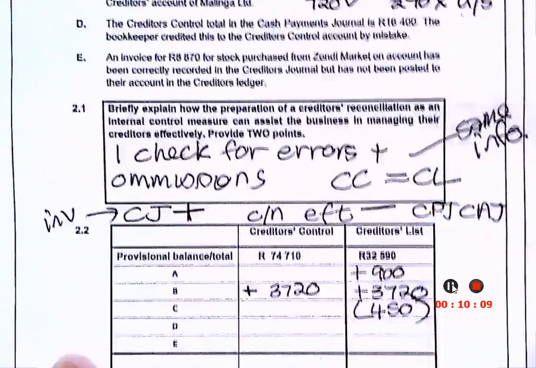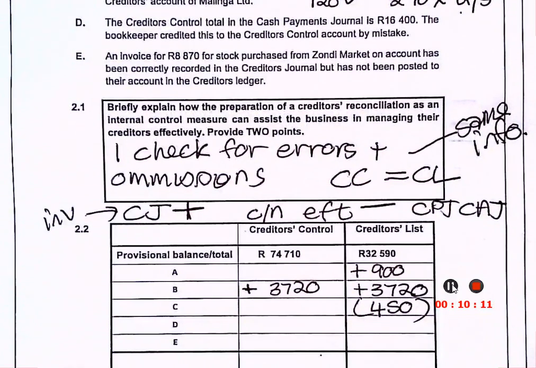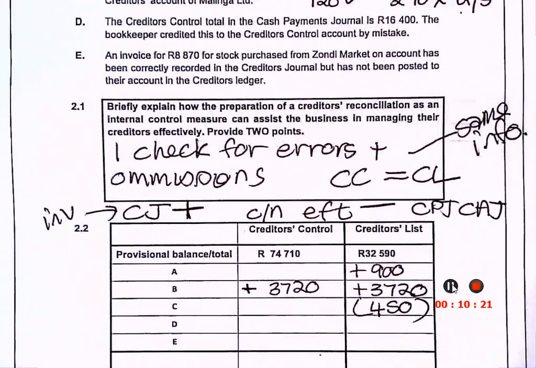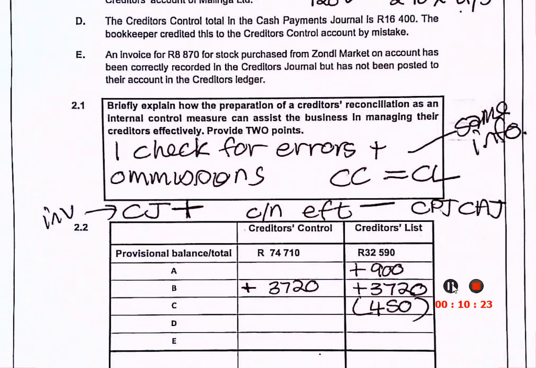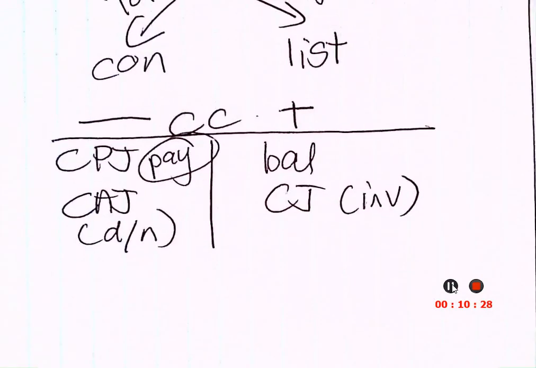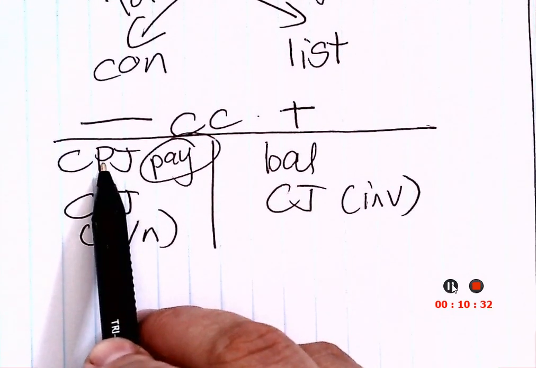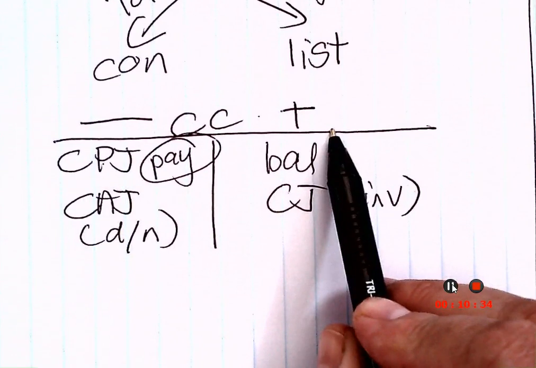Okay. Next one. The creditors control total. Immediately, control is wrong. In the CPJ is 16,400. The bookkeeper credited this to the control by mistake. What do I know? If I look at my creditors control, what side is it? Debit side. What side did I show it? Credit side.